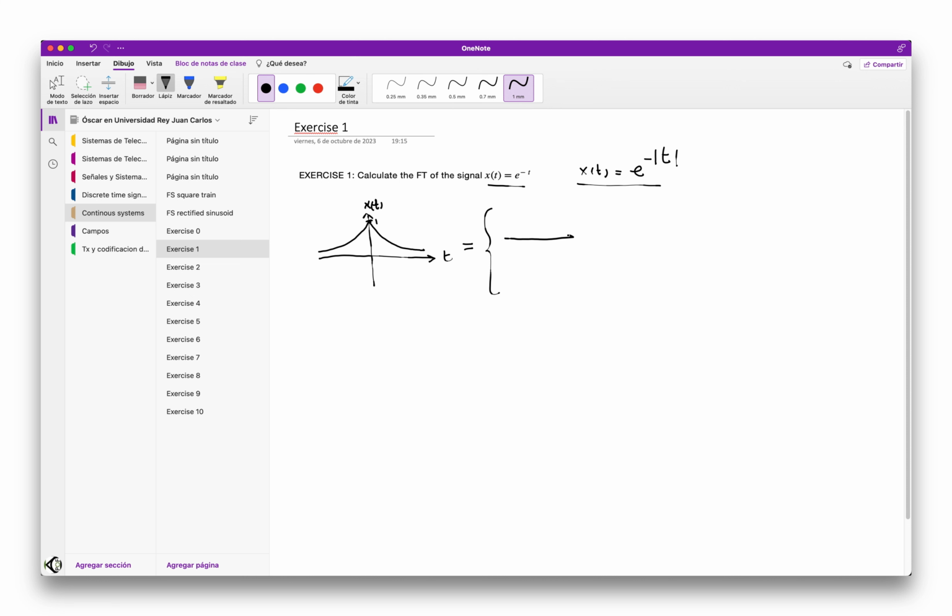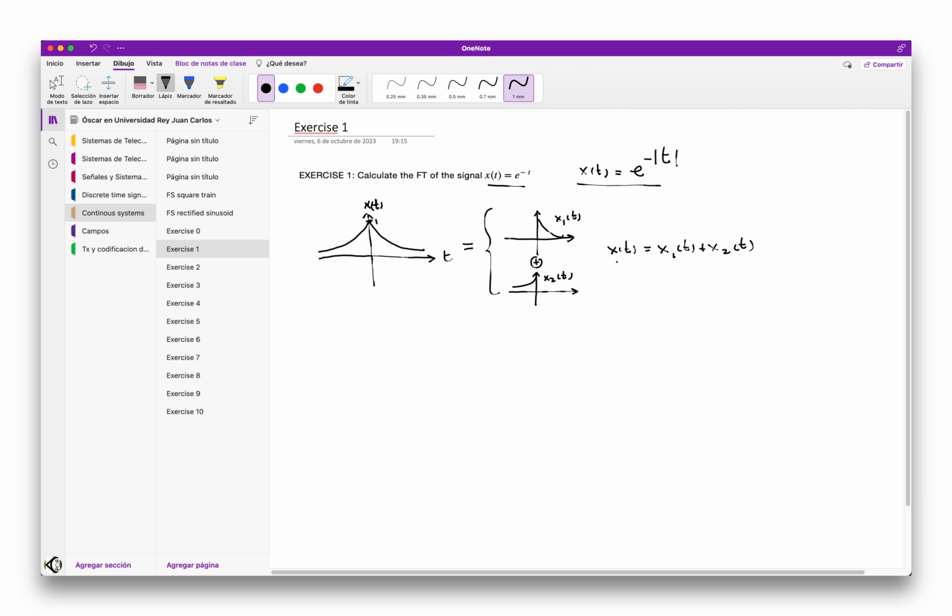We can think that it is composed of a first signal which represents the positive part of the signal, which we will call for example x1 of t, and added together this other signal which is just the negative part, which we will call x2 of t, so that our signal x of t is just x1 of t plus x2 of t.